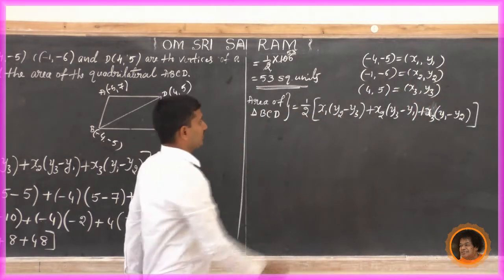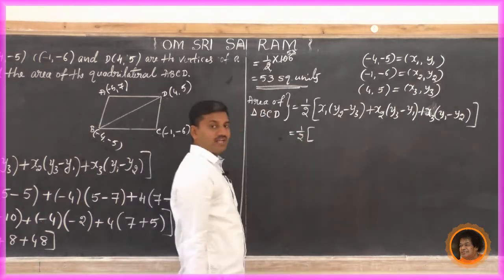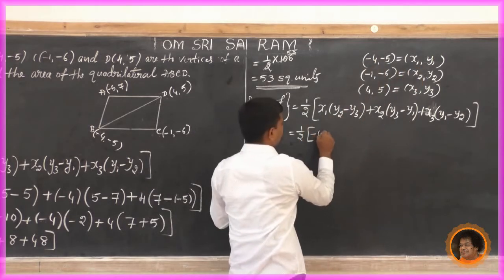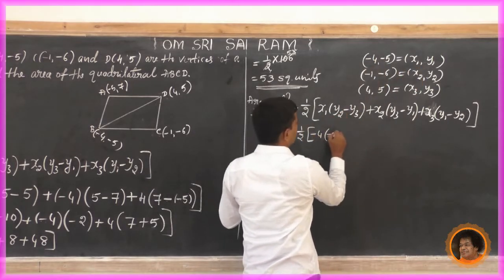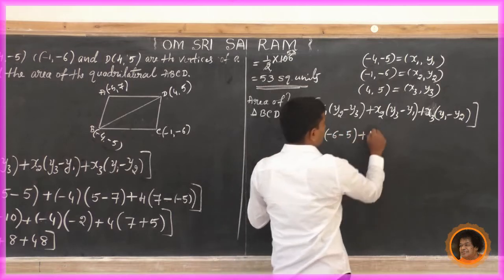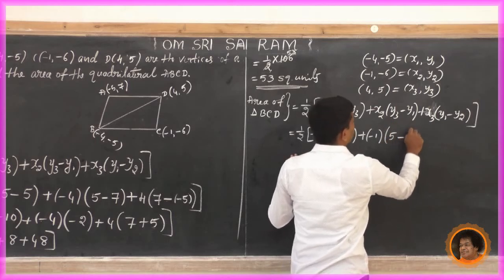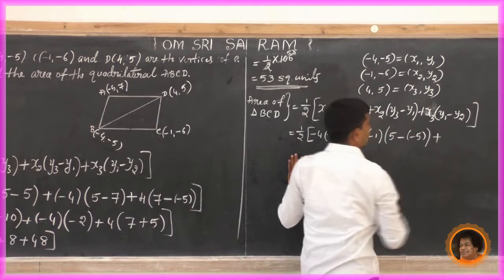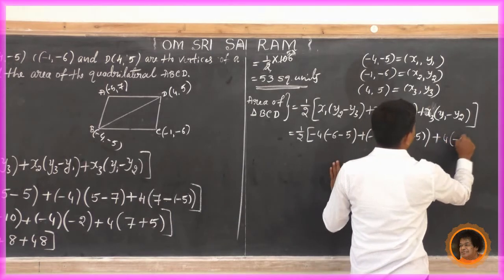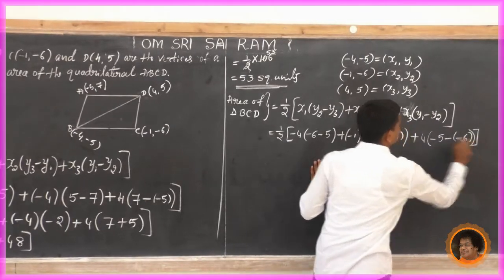Now substitute the values. So equal to half into X1 into Y2 minus Y3. So here the value of X1 is minus 4 into Y2, minus 6 minus Y3, 5, plus X2 value minus 1 into Y3, 5 minus Y1, minus 5, so plus X3. So X3 value 4 into Y1 value minus 5 minus Y2, minus 6.